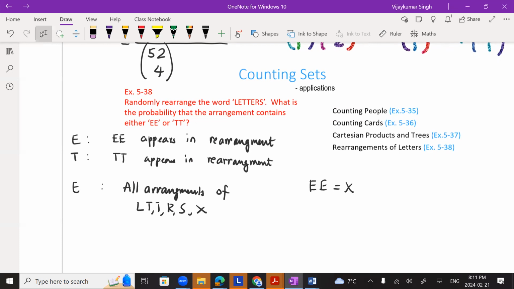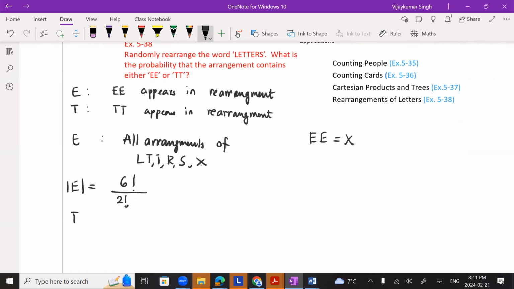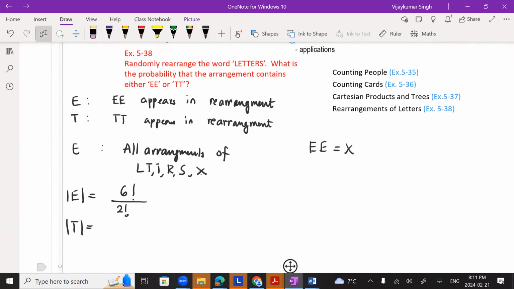So we need to count the size of event E. The size of event E is the arrangement, and recall with repetition, you count the total size: 1, 2, 3, 4, 5, 6. So 6 factorial divided by how many of them are repeating. TT is repeating, so divided by 2 factorial. So that is my size of E. Is that okay? Now, similarly, what is the size of T? Same, right? Because there are 2 T's as well.